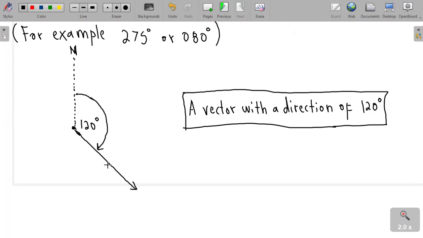This is what we mean. We don't move anti-clockwise. You don't start from the north and go anti-clockwise like this. This is not bearing. When I talk about bearing, it's always clockwise.